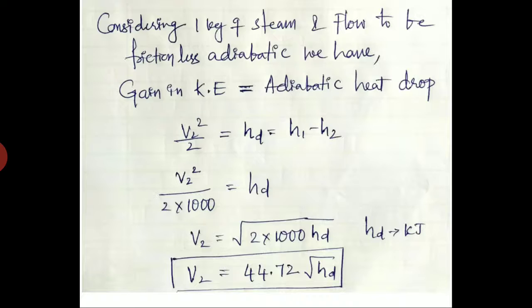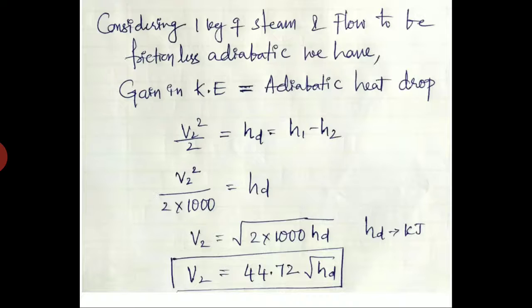If you see the right hand side, it is in kilojoules per kg. So the units should be closer; I cannot say LHS will be exactly equal to RHS, but it should be closer in order to satisfy the equation. So that's what I'm doing here.